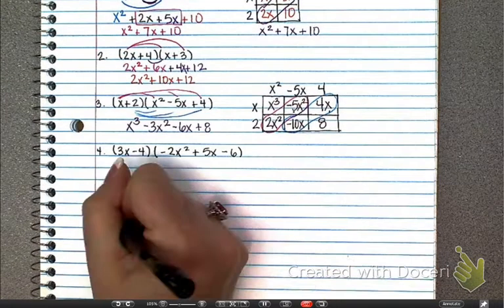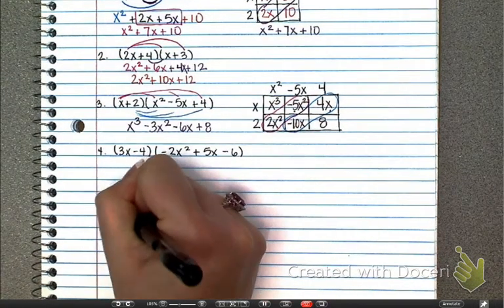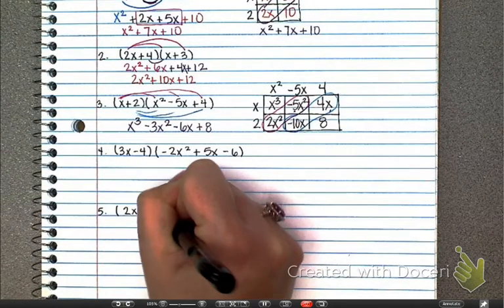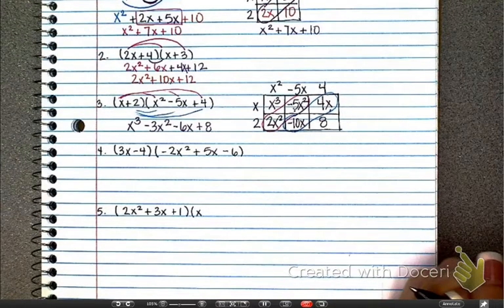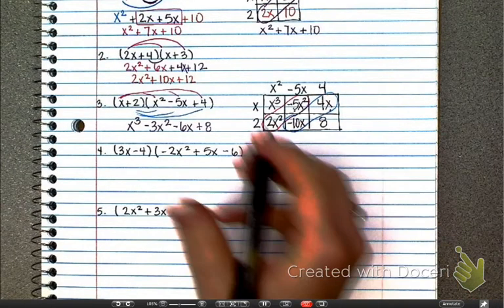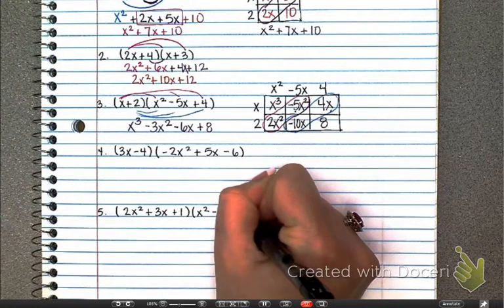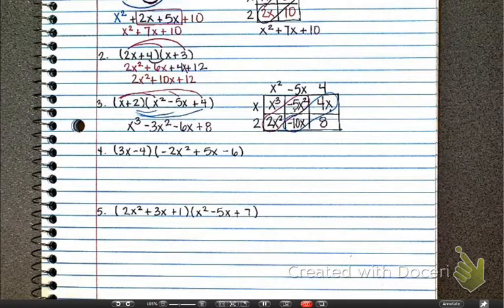And then I'm also going to give you a trinomial times a trinomial. No, 3 terms times 3 terms. Okay, so choose your method. And then once you're done, check with your group.